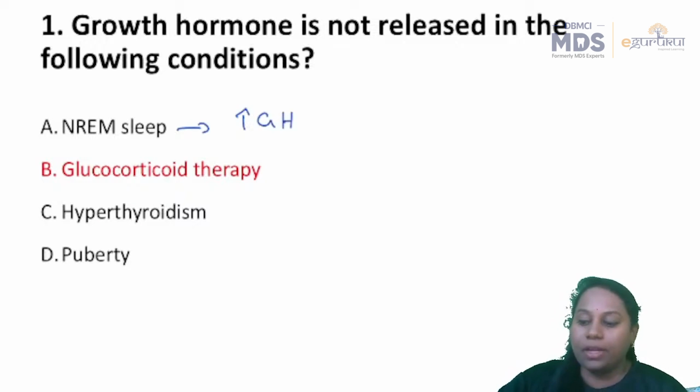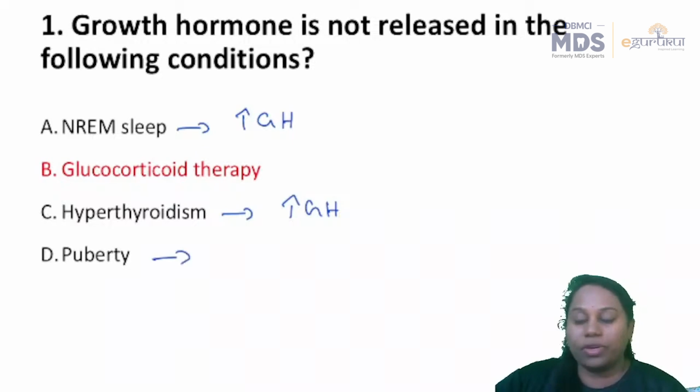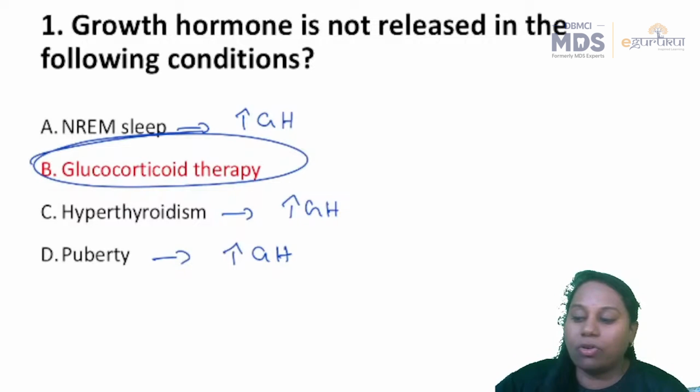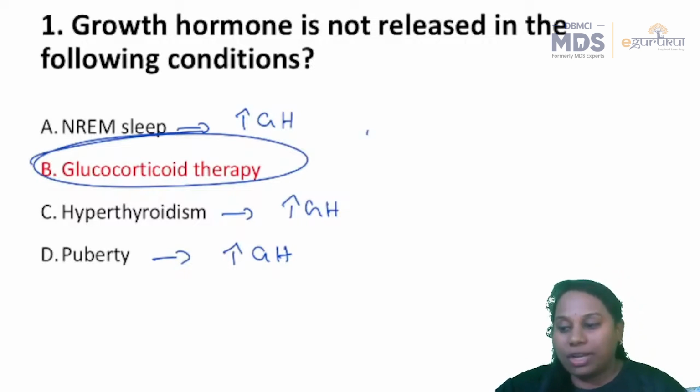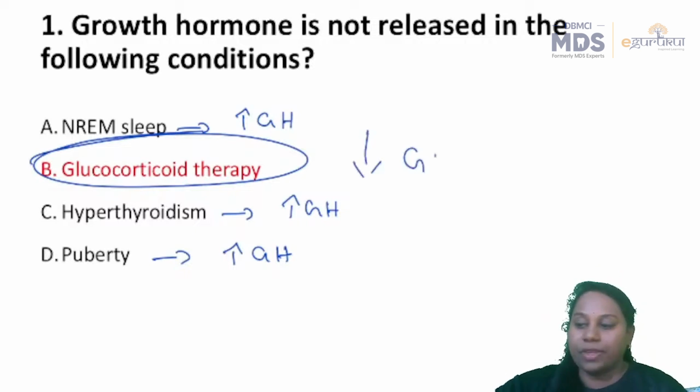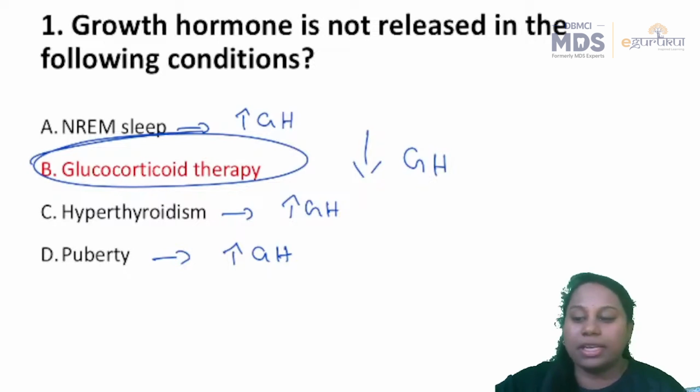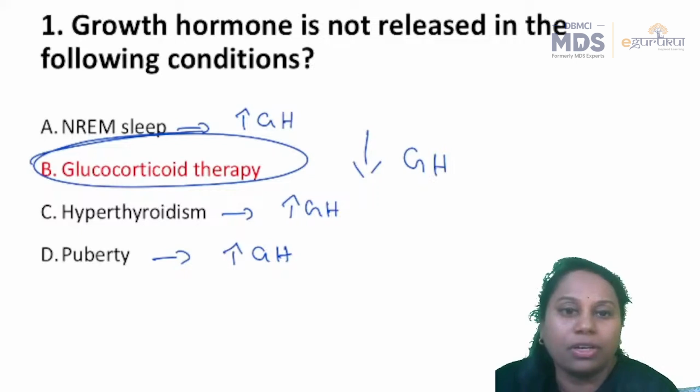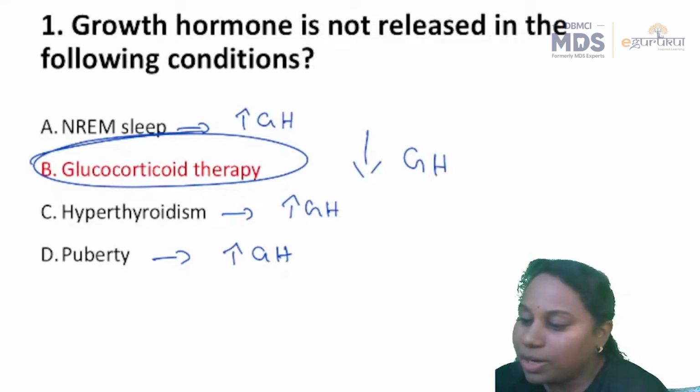We already saw hyperthyroidism. Thyroid hormone increases growth hormone. In adolescents, growth hormone levels are high. Only in glucocorticoid therapy, growth hormone levels are decreasing, because cortisol decreases growth hormone levels. So that is about the effect of cortisol on growth hormone levels.